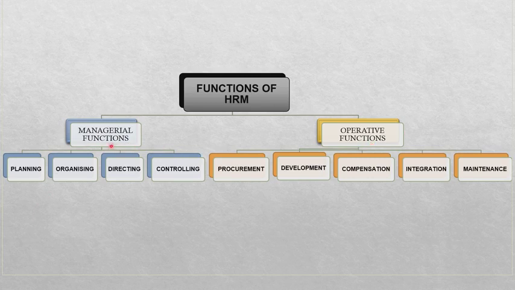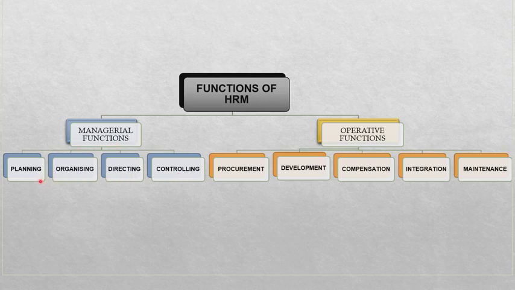The managerial functions are regarding managing the people who have already been recruited within the organization, and how the HRM department is controlling or regulating the efforts or activities of the people already working within the organization. These are your managerial functions: planning, organizing, directing, and controlling.